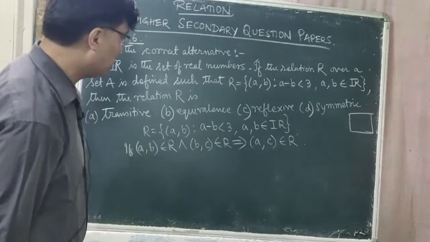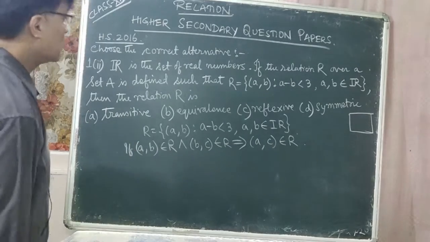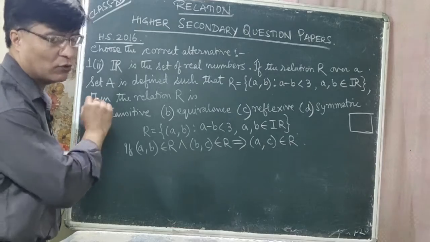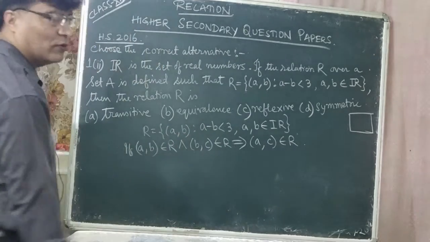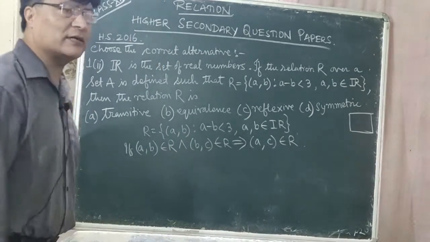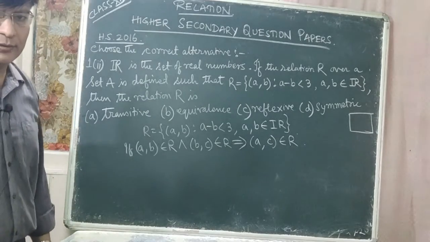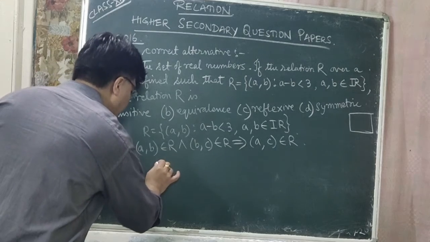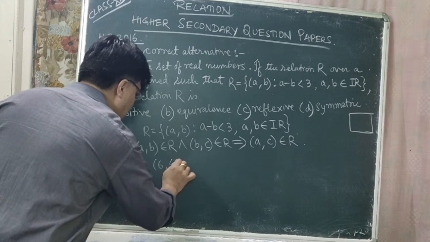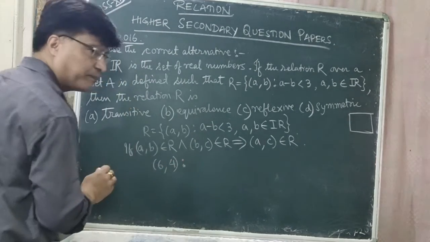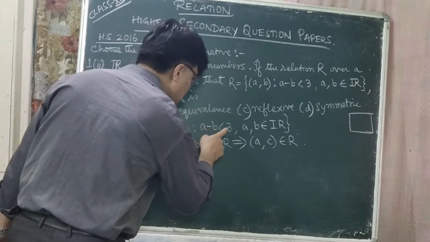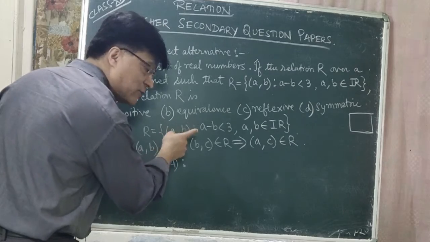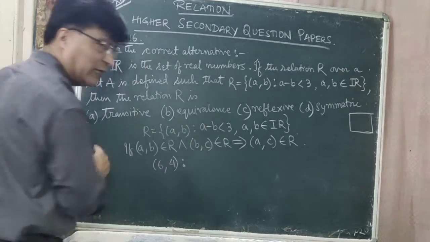Let us give an example now. Let us take 6 and 4, so we are checking the transitivity of this relation. (6, 4) should satisfy the relation a minus b less than 3.